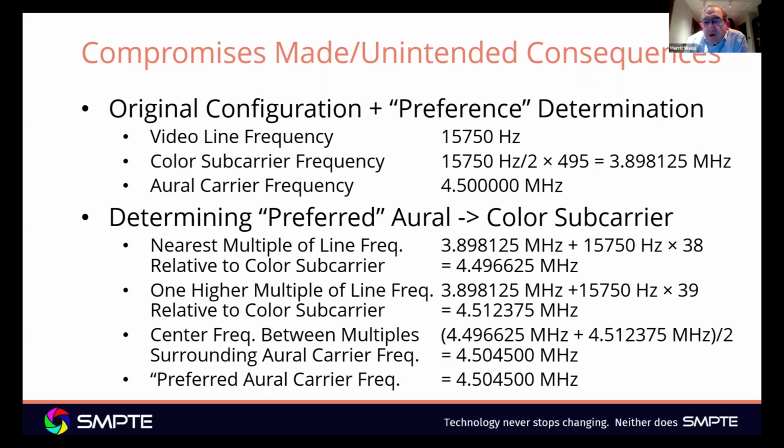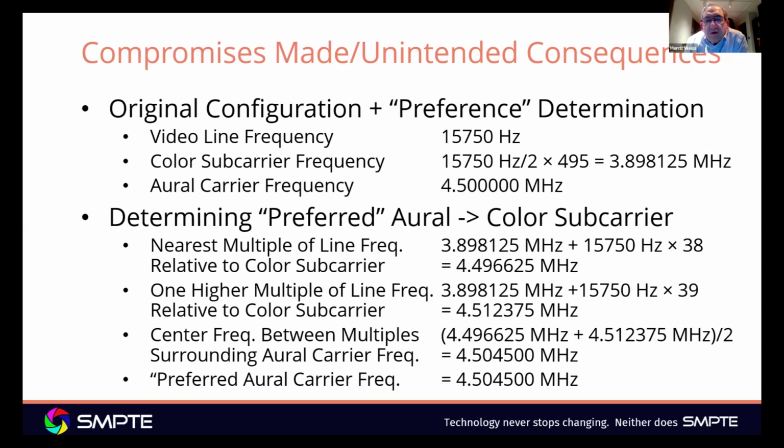At a certain point, it was recognized that when you did it that way, you ended up with different spacing between the harmonics of the line frequency and the aural subcarrier because there was an offset in frequency that wasn't accounted for.